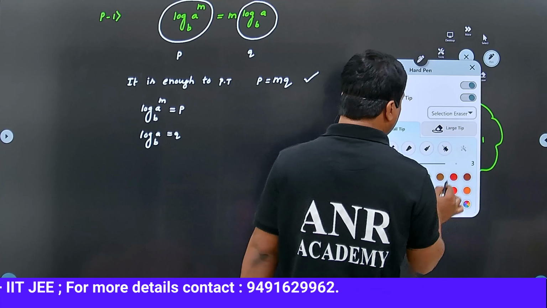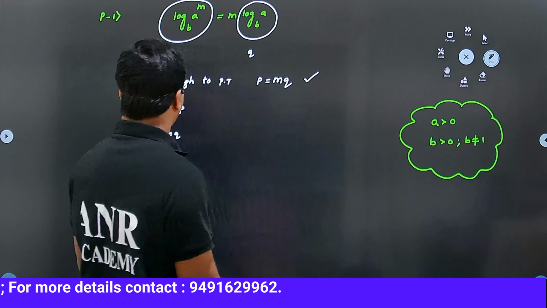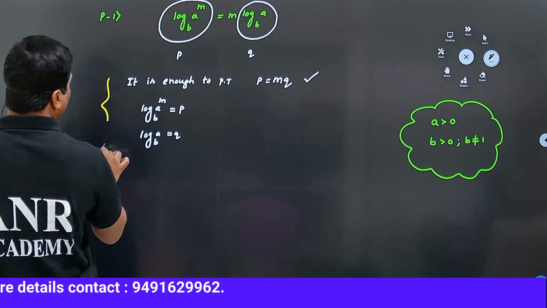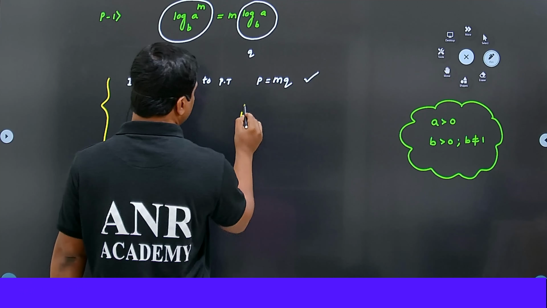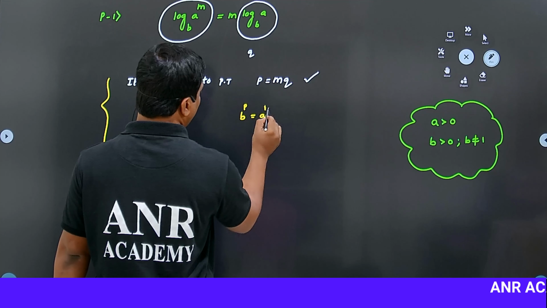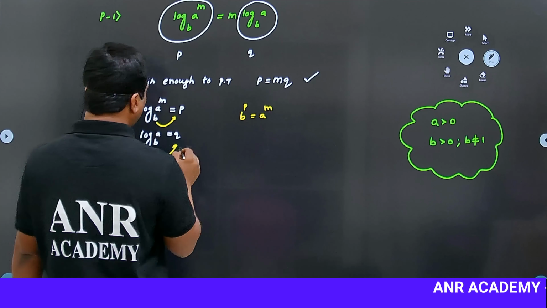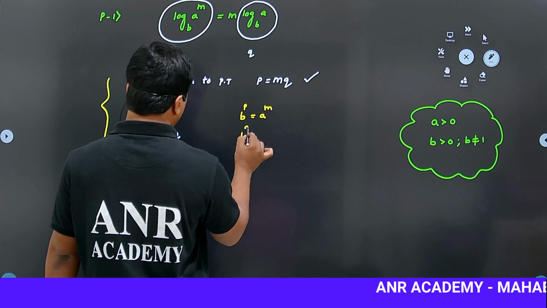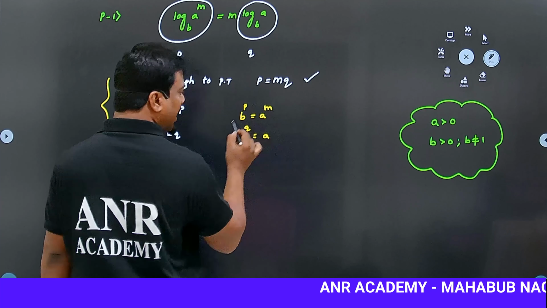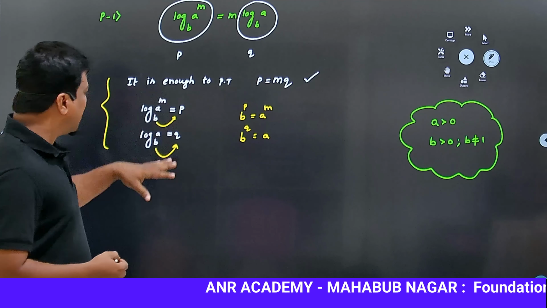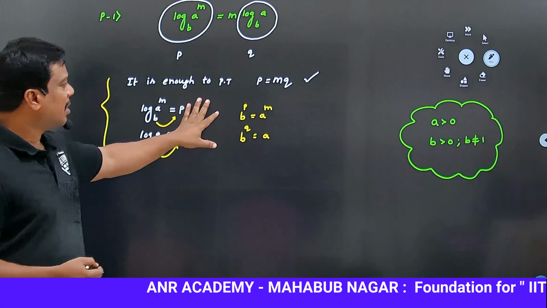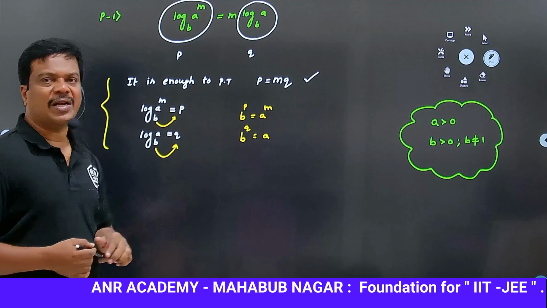Let us see. When you select log a power m base b equal to p, you know that b power p can be written as a power m, and b power q can be written as a. By selecting log a power m base b as p and log a base b as q, you get b power p value a power m, b power q value a.